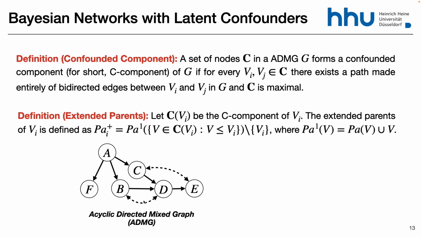This set of nodes is going to form a confounded component of this graph if every variable in the set C is connected by a path made entirely of bidirected edges. So for example, in my case here, maybe I will ask you, what are the confounded components of this graph?